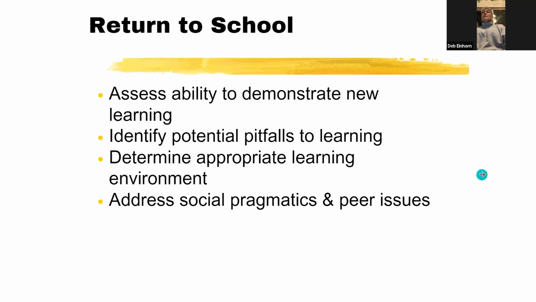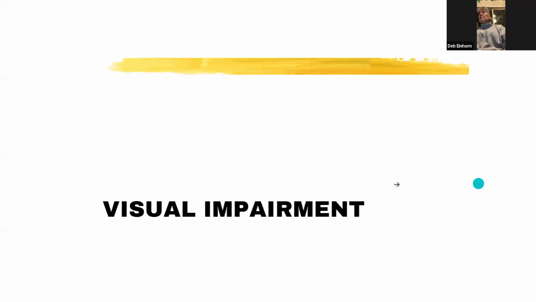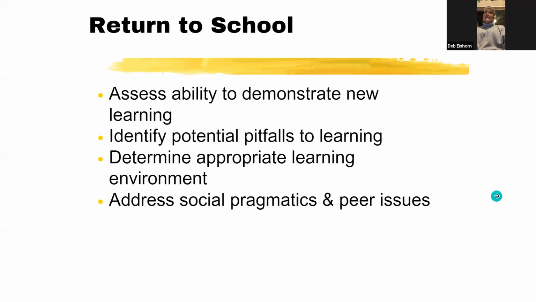So that assessment would identify potential pitfalls to learning, the appropriate learning environment, and address social pragmatics and peer issues. Social pragmatics are your social skills for day-to-day interactions with your peers.